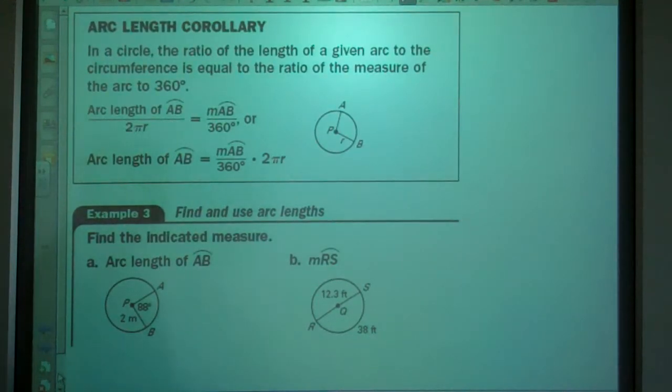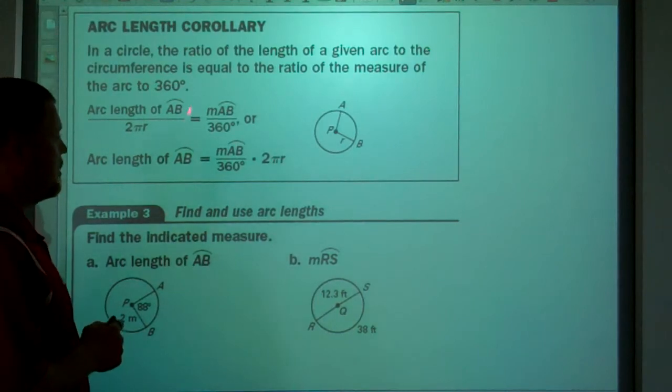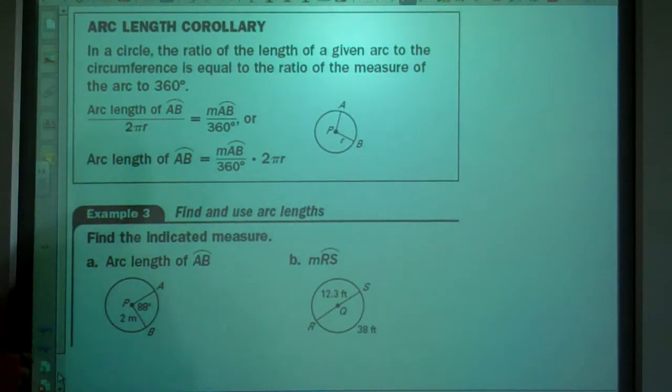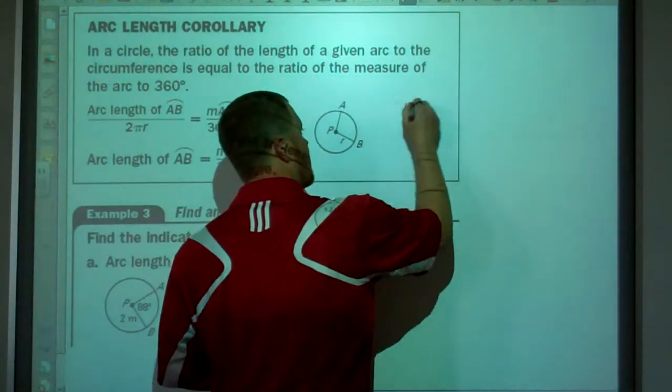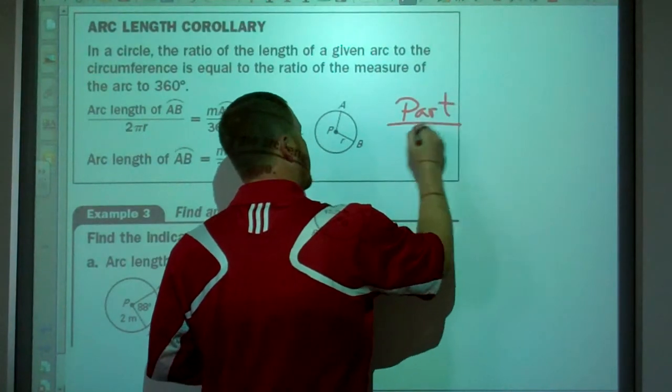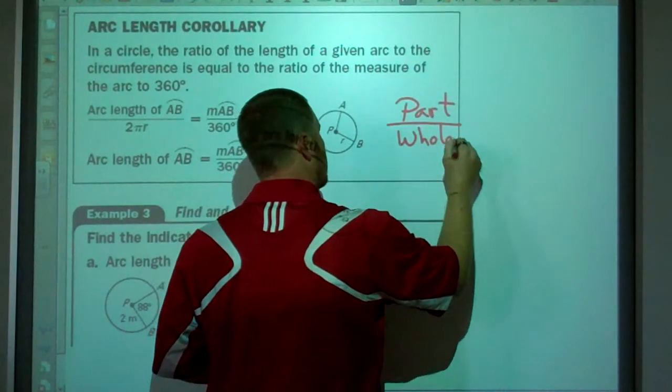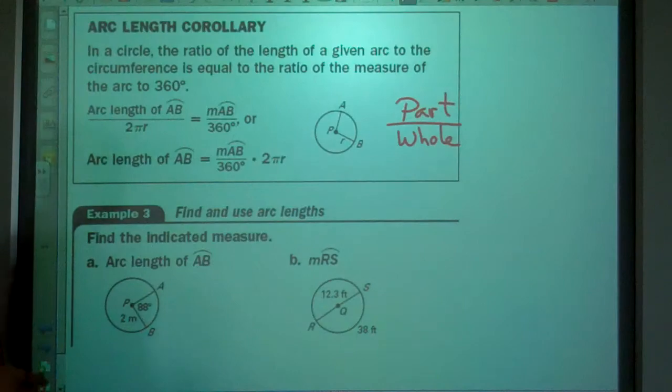Arc length. Arc length we set up as a ratio and then write a proportion. It's a ratio of the arc length divided by the circumference, part divided by whole. The arc length AB, arc AB, that's how we label it, AB and then the arc symbol.